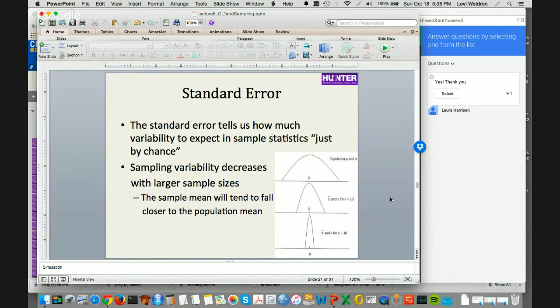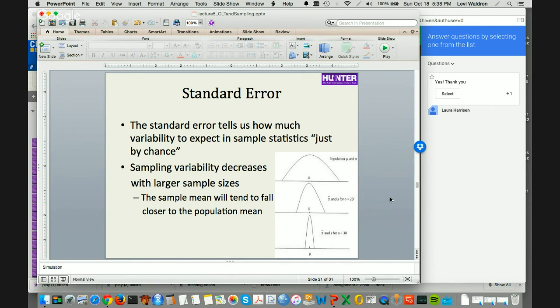So the standard error tells us how much variability to expect in a sample statistic just by chance. It's not something that we're ever actually going to observe in a study directly.